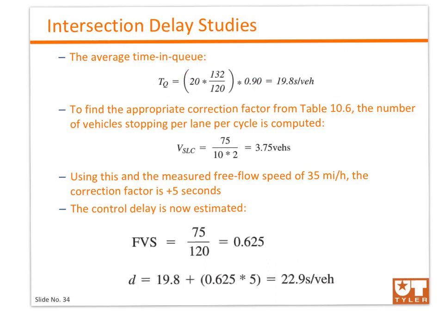TQ, as you recall, is the IS, and that is 20. IS is the time interval between queue counts. Since we count vehicles every 20 seconds, 0 to 20, 20 to 40, 40 and plus, that's why this is IS 20 times 132 over 120. 132, again, is the summation of all vehicles in Q counts, VQI.